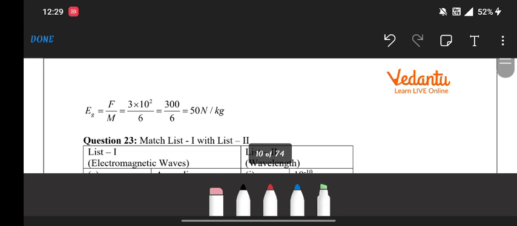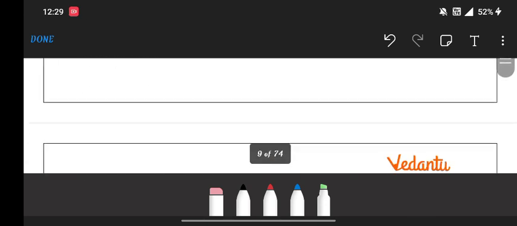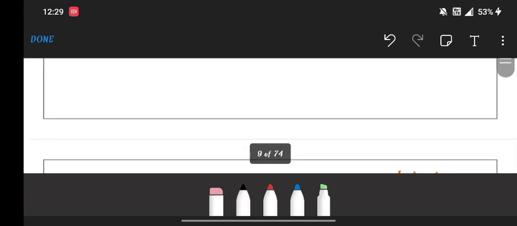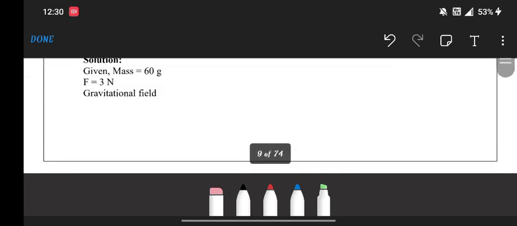So Eg is equal to 3 Newton by 60 gram, which is 6 into 10 to the power minus 2 kg, so this is equal to 3 into 10 to the power 2 by 6, that is 300 by 6, which we can write as 50. So 50 Newton per kg is the answer for question number 22.